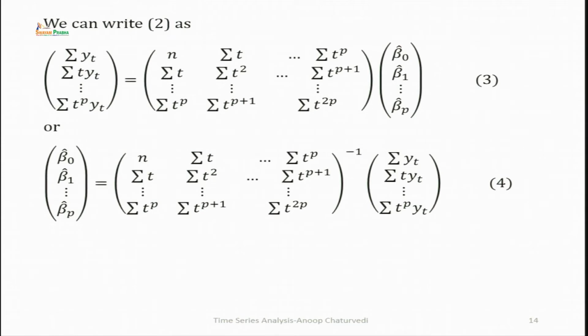So, you get a p plus 1 cross 1 vector, which has elements summation y t, summation t y t, so on summation t to the power p y t, equal to, and in the right hand side you form a matrix which has elements n, summation t, so on summation t to the power p and so on, and then you multiply it by the vector of beta components which has elements beta naught hat, beta 1 hat, so on beta p hat.